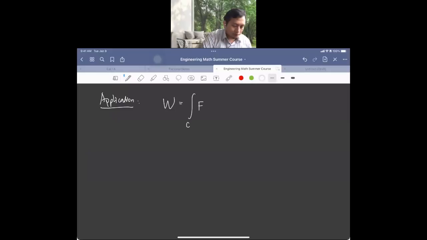The work is basically the line integral of F dot dr, the working distance. So this is our work done by the force. But I will not go into more details. This is just to see what kind of applications we might have. Another application is what we call circulation.